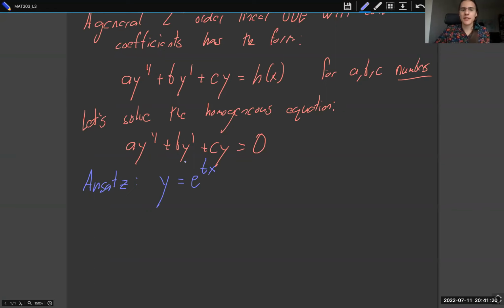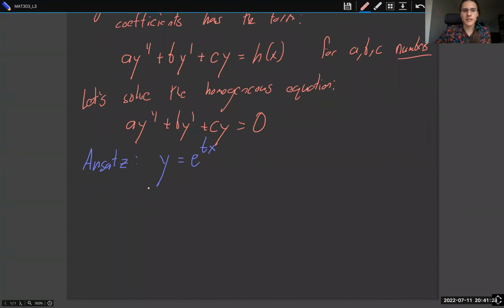So let's see what happens when we use this ansatz. If I take the derivative of this with respect to x twice, what do I get? t squared e to the tx, exactly. By the chain rule, each time I take the derivative of tx, I get a multiple of t.